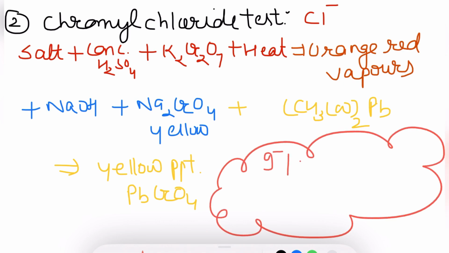Iodide or bromide radicals do not form chromyl bromide or chromyl iodide because the resulting compounds are highly unstable.